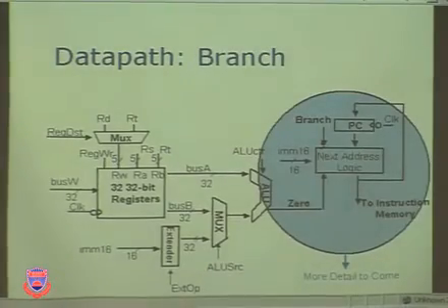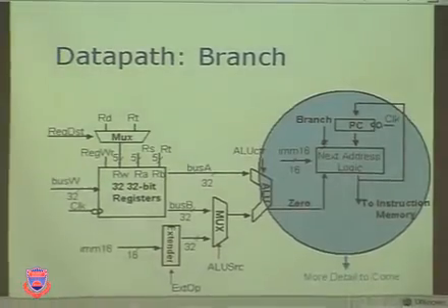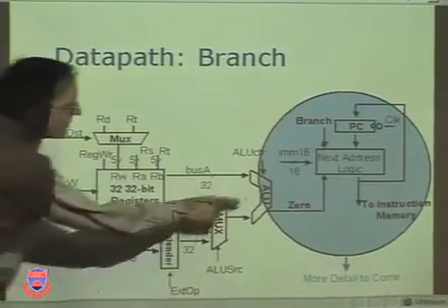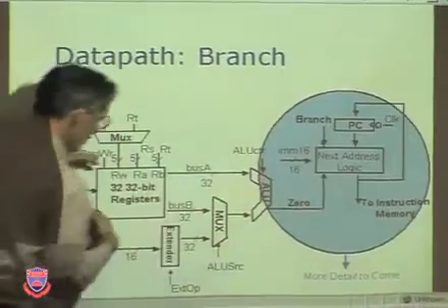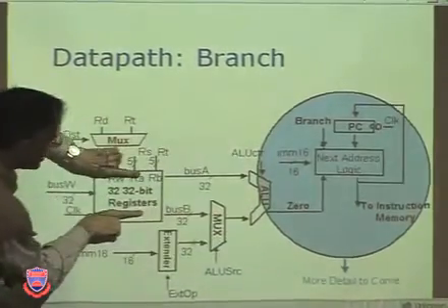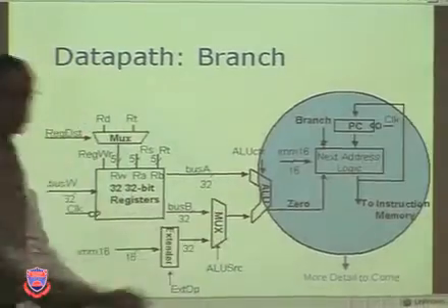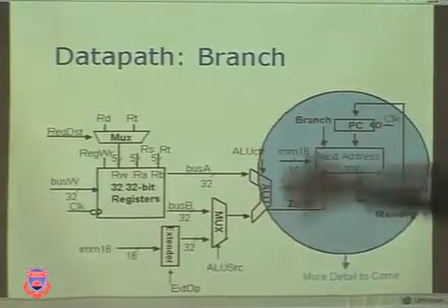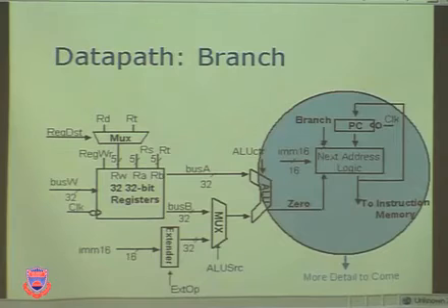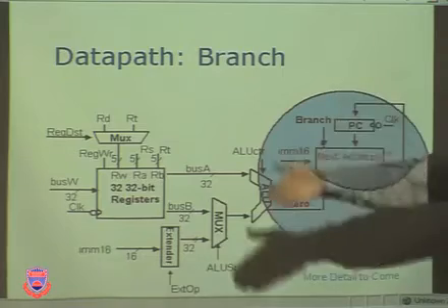Let's have a look here. Whoa, a big blue bubble, which is not the data path. See our data path over here? All we're getting from our data path now is a signal called 0. It's coming out of the ALU. So we got what we needed: did the subtraction, here were the 2 register values, we subtracted them. The only thing we're interested in is that 0 signal, because it's going to tell this whole logic, do I change PC to be PC plus 4, or do I change PC to be PC plus 4 plus the sign extended immediate value?